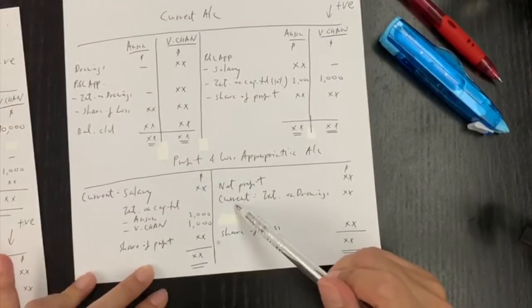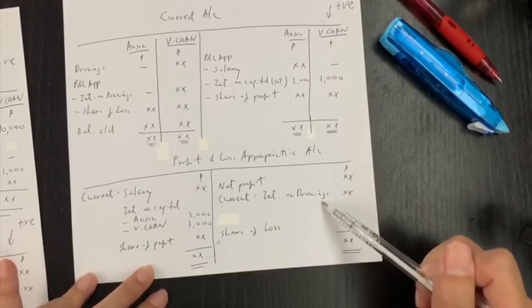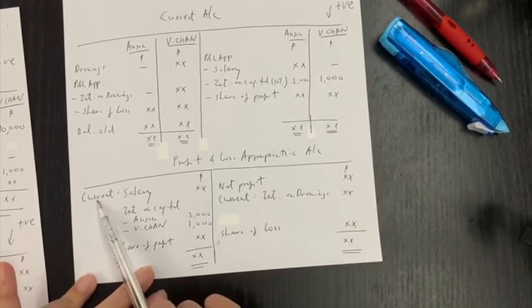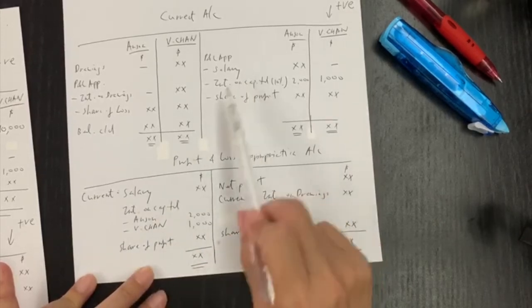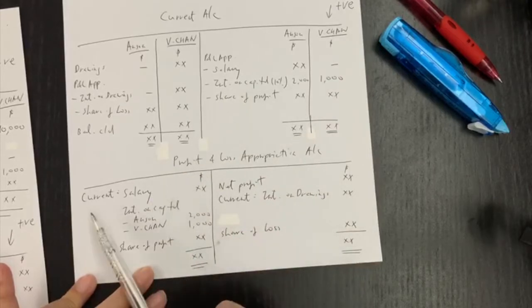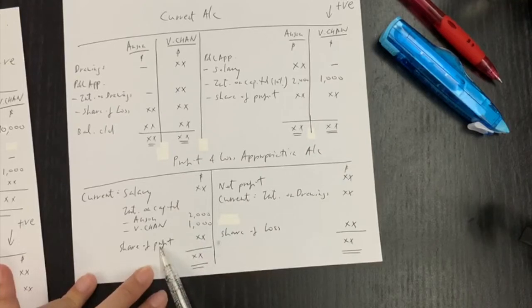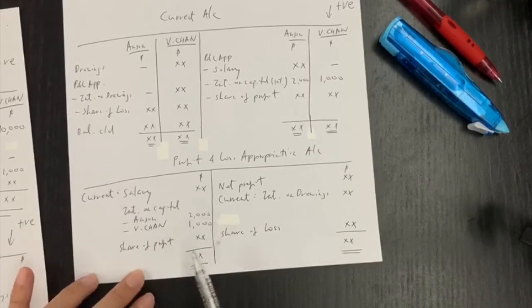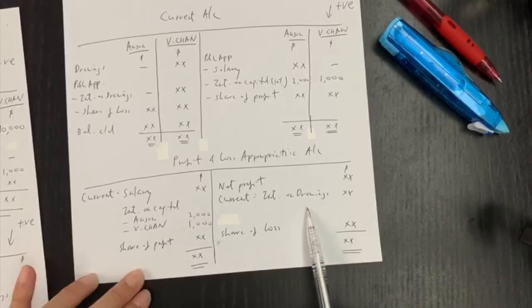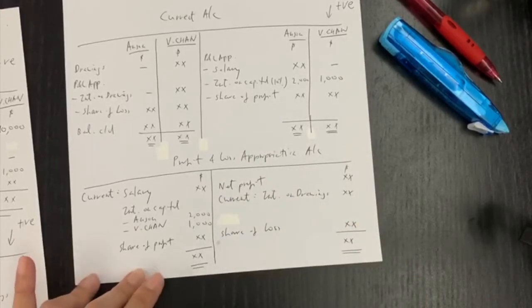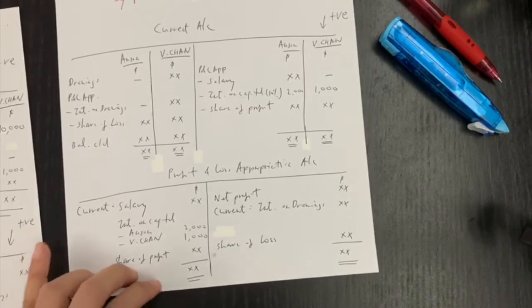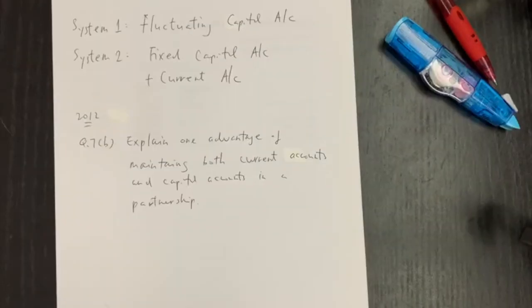This is the name of the account and this is the description. On the opposite side, we have current accounts that do the posting: salary, and then current accounts here, interest on capital. And finally, if there are profits, that means this is a credit balance, with the credit side bigger than the debit side, so we have share of profit like this. Are you okay? So this is system 2, fixed capital account and current account.